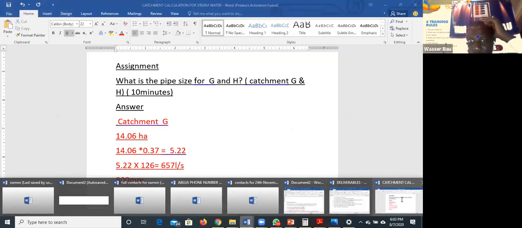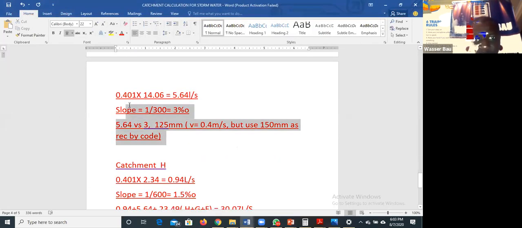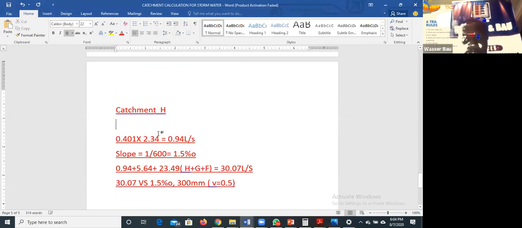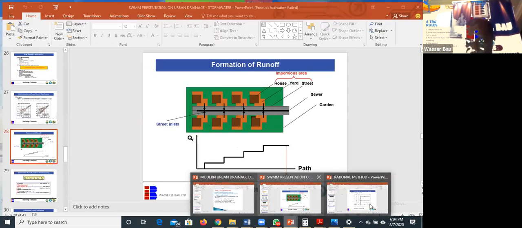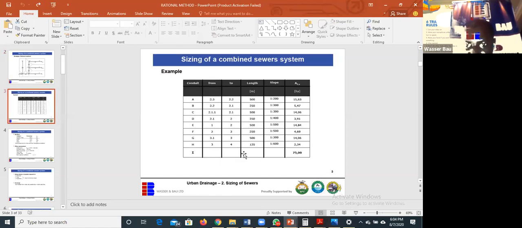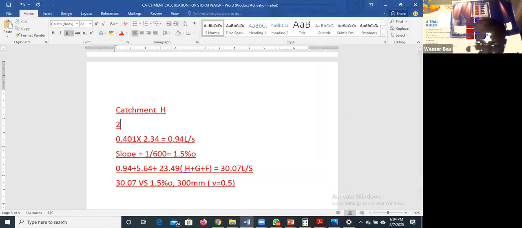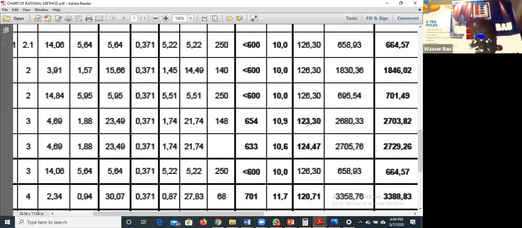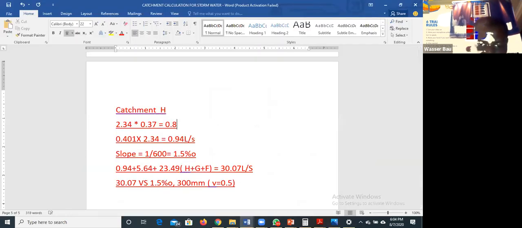So for H now, what do we get? For H, we'll simply say, what's the area of H? H is 2.34 hectares multiplied by the coefficient. That will give you 0.87. 0.87 hectares is the contributing hectare.